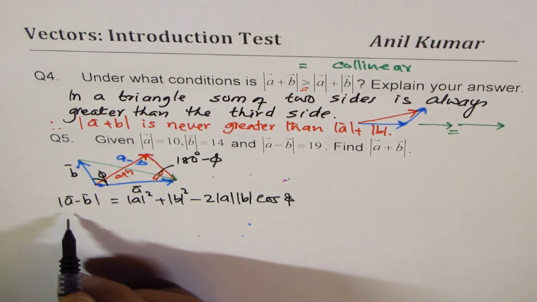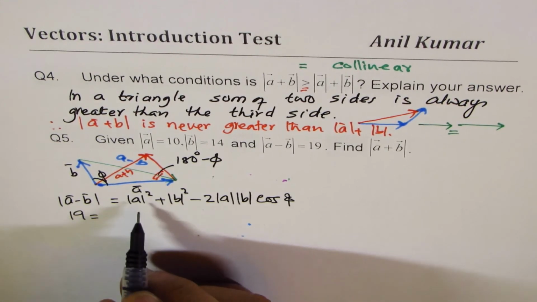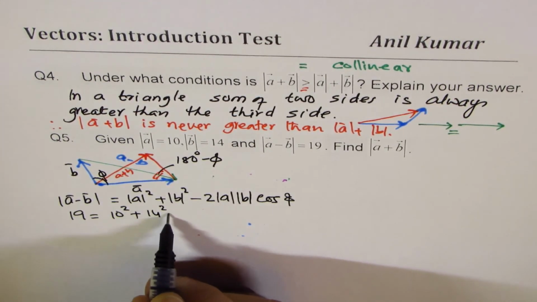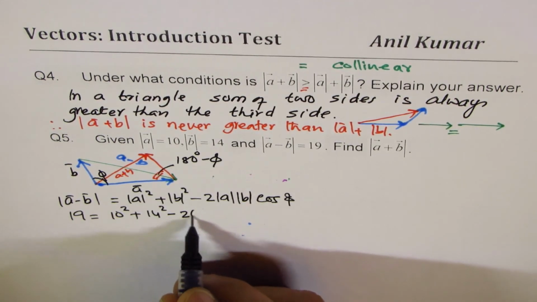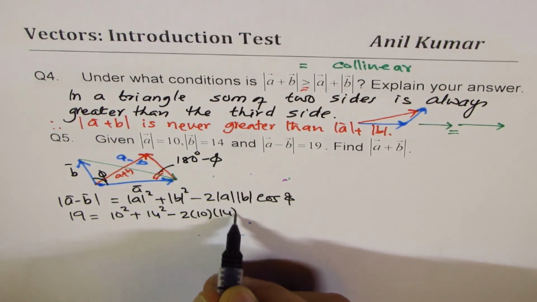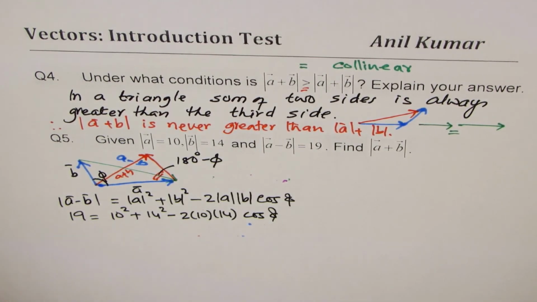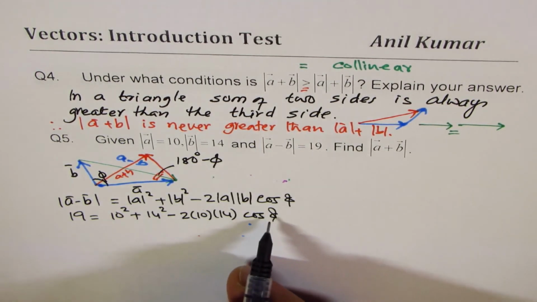Now this is given to us as 19. So 19 squared equals 10 squared plus 14 squared minus 2 times 10 times 14 cos of phi.